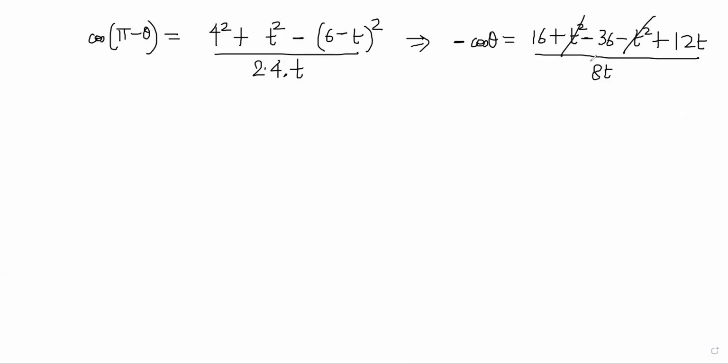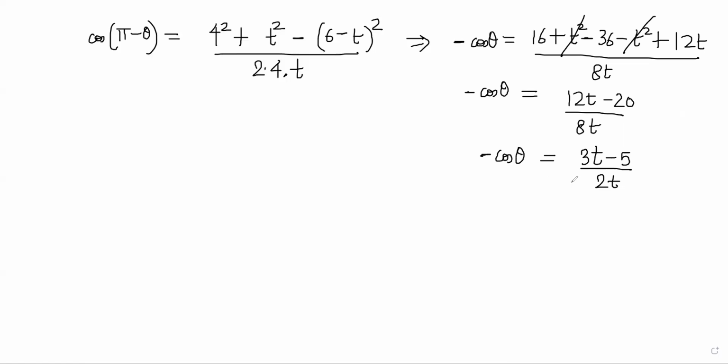T square gets cancelled and you have 12t minus 20 by 8t, which is minus cos theta, right? So we can actually solve from here. Divide by 4, you'll get (3t minus 5) by 2t is minus cos theta. And this becomes 3 by 2 minus 5 by 2t.